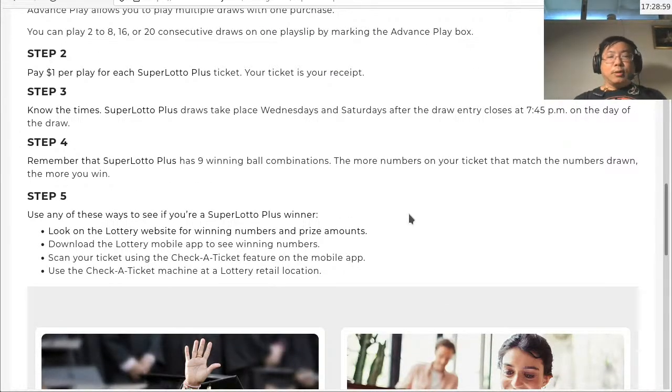So the question is, when is a good time to buy a Super Lotto ticket? What are you going to use as a gauging mechanism of whether you should buy a Lotto ticket today? What kind of information is going to help you make that determination?